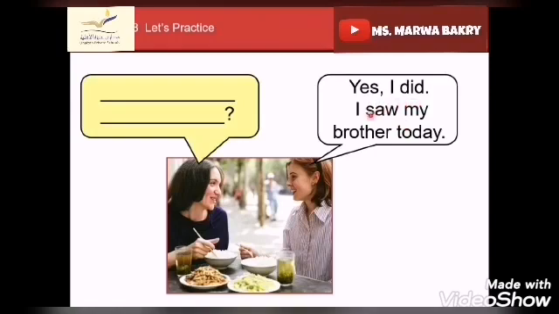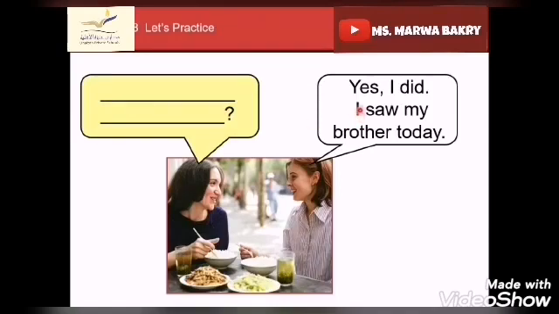Yes, I did. I saw my brother today. Here we have to make a question. We will make a yes no question because the answer begins with yes. So in the past, we will begin the question with the auxiliary verb did, plus subject.